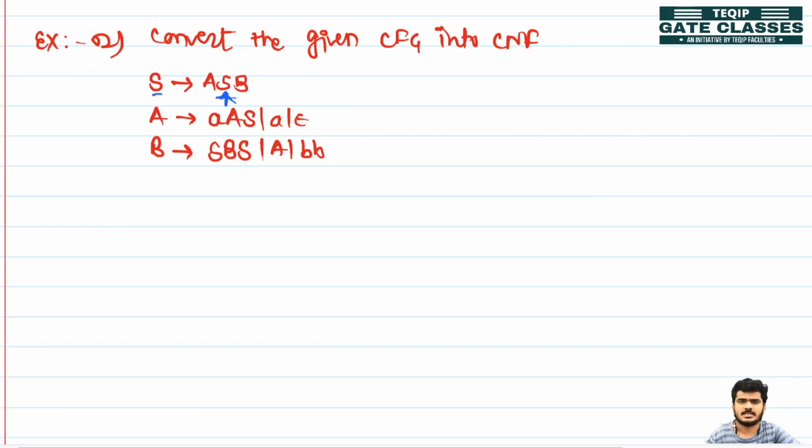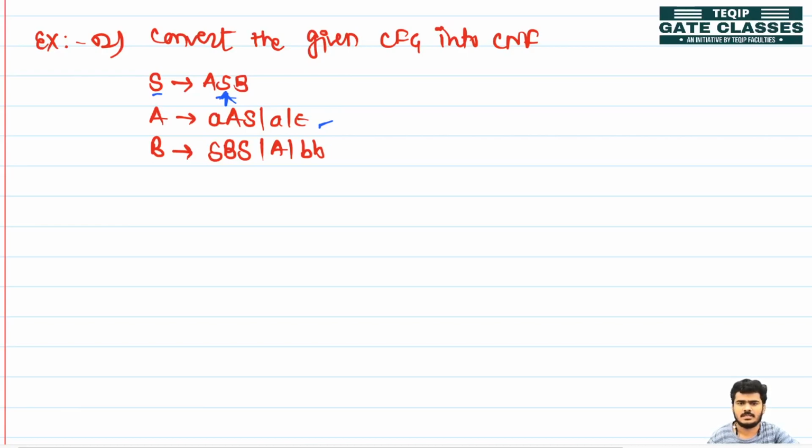Then the second step says that we have to remove the epsilon productions. If the grammar contains an epsilon production, then we have to remove that. A is producing epsilon is there, so we have to remove this epsilon production. We know how to eliminate the epsilon: we have to write the productions with or without that nullable variable.